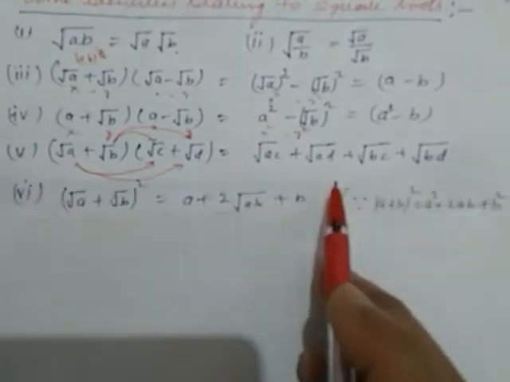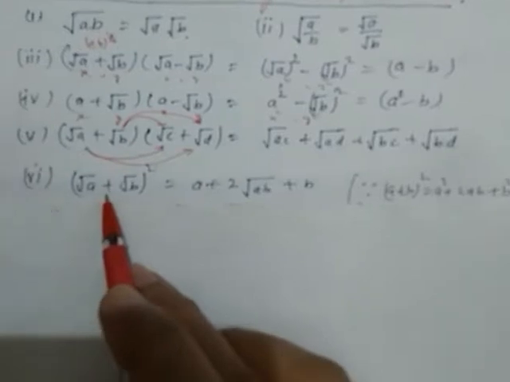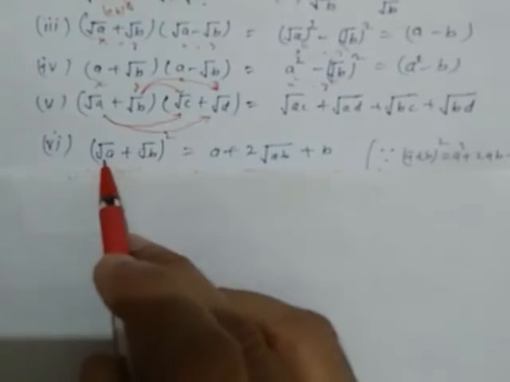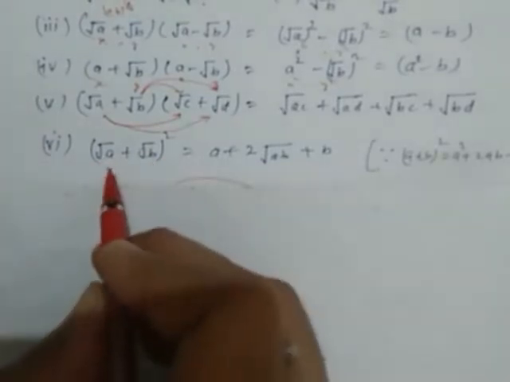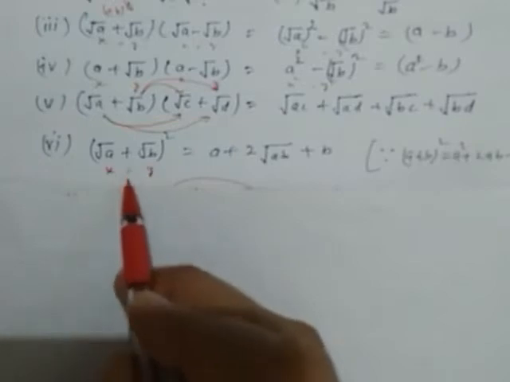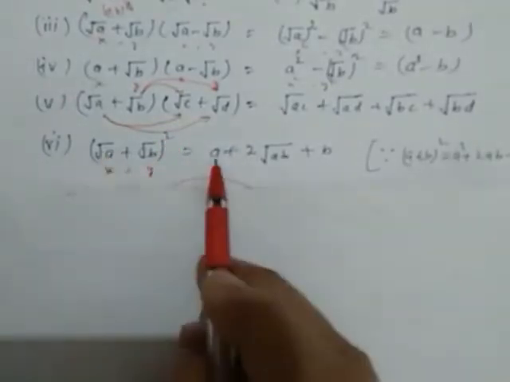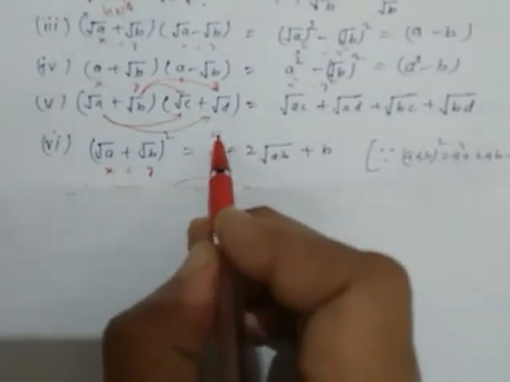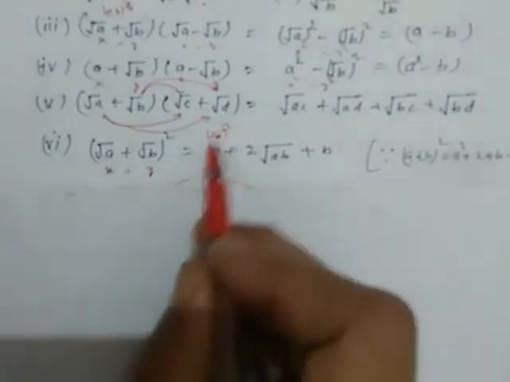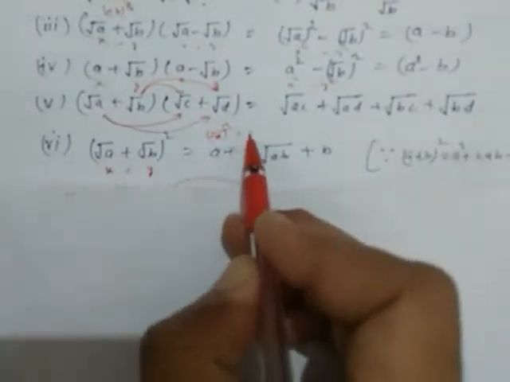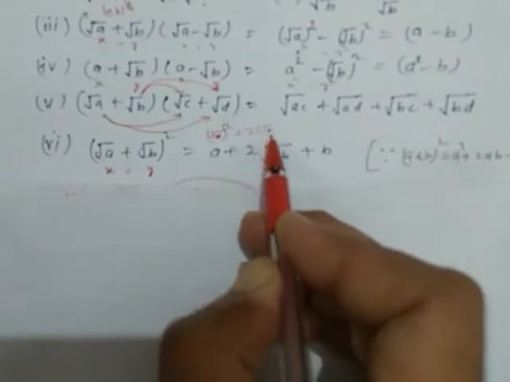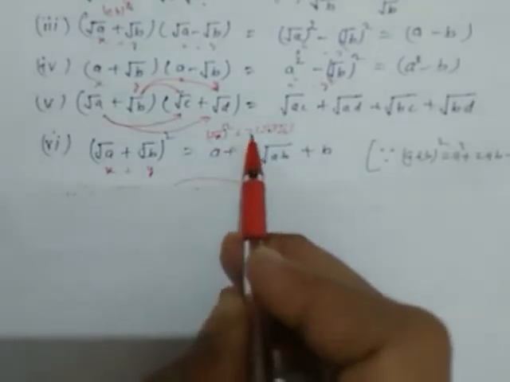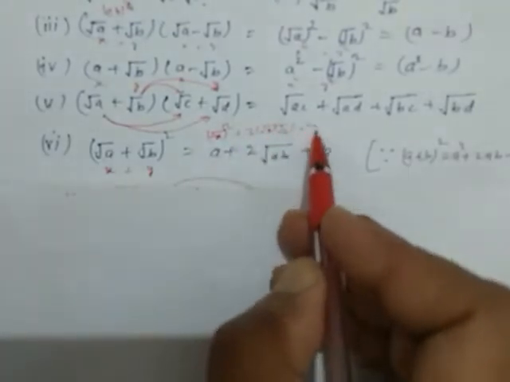Use them. Now if we want to open the whole square of (root A plus root B), this is X and this is Y. So (X plus Y) whole square is X square plus 2XY plus Y square.